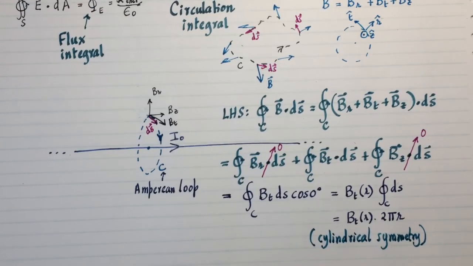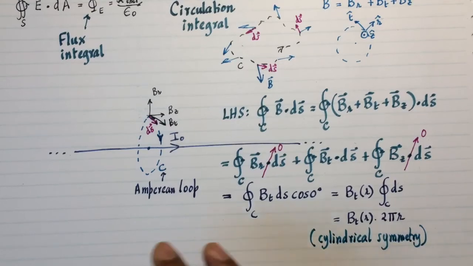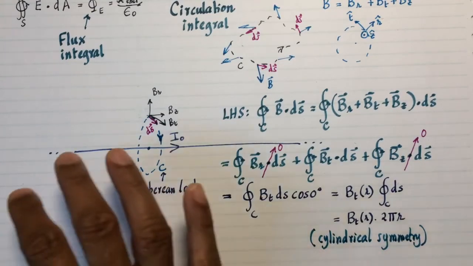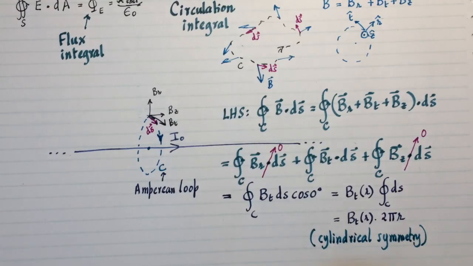We'll look at all that in later videos. So all those things have cylindrical symmetry. The simplest case of a wire also has cylindrical symmetry. Once you have this result, you don't have to keep doing it. You can simply use it in future problems.